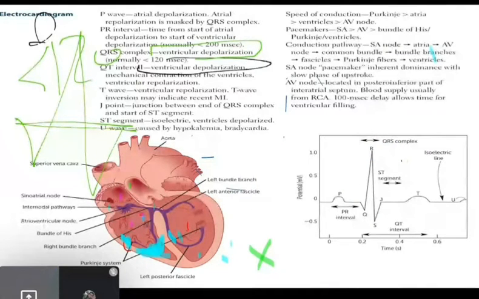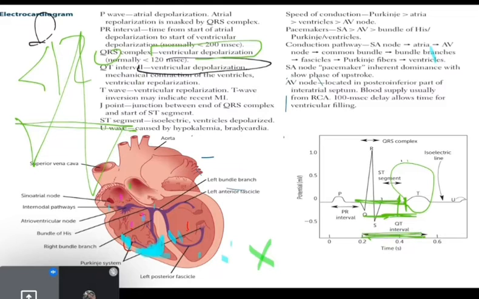Now the QT interval. You know that the T is the relaxation of the ventricular muscles. So the QT interval is the interval from the ventricular contraction till the relaxation. It is from here, this is the QT interval, as you can see.